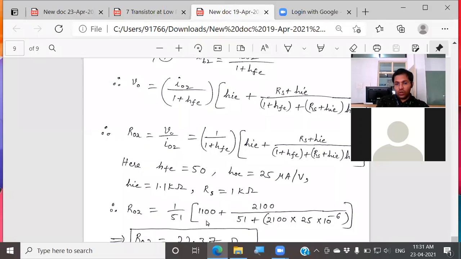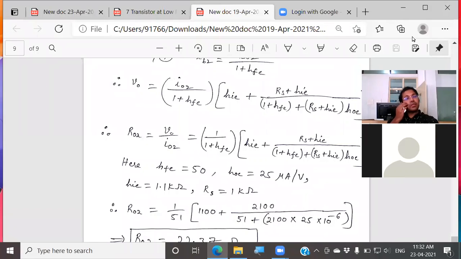So 22.37 into 1000 divided by 22.37 plus 1000, that is 1022.37, isn't it? So how much are you getting for Ro? Fast, please. Simple calculation.